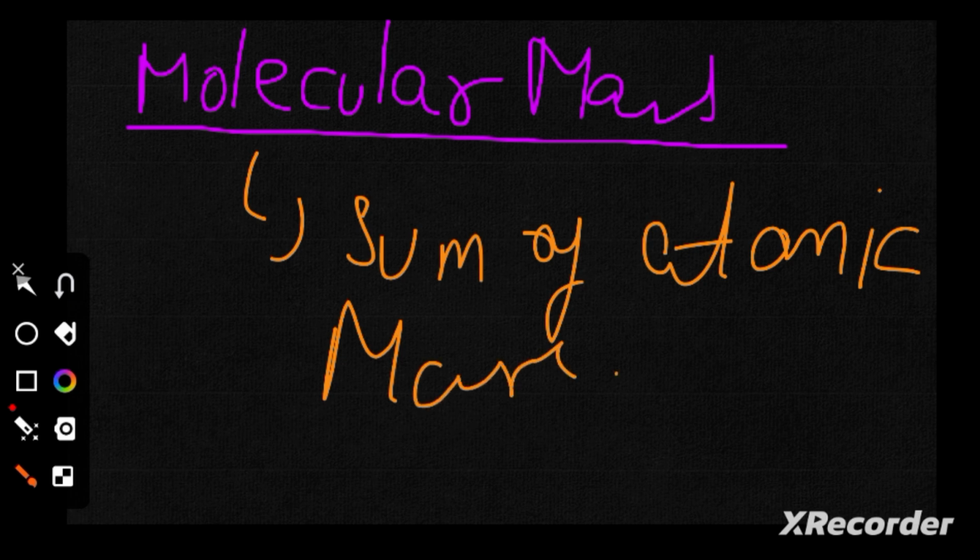For that you have to learn the mass of one atom, like hydrogen has 1 U, oxygen 16 U, carbon 12 U, Na means sodium is 23 U, Fe means iron is 56 U, calcium 40 U, etc. You have to learn the atomic masses of the elements and gases.